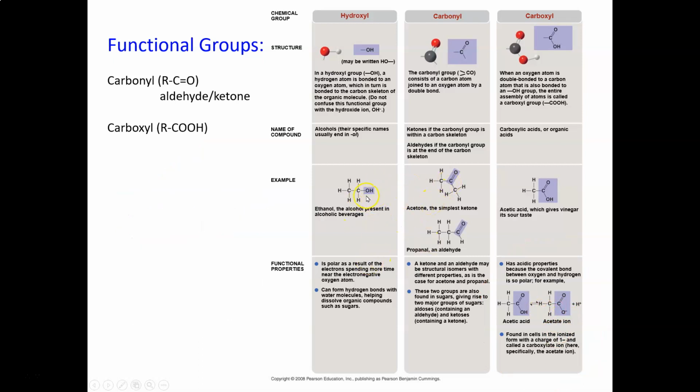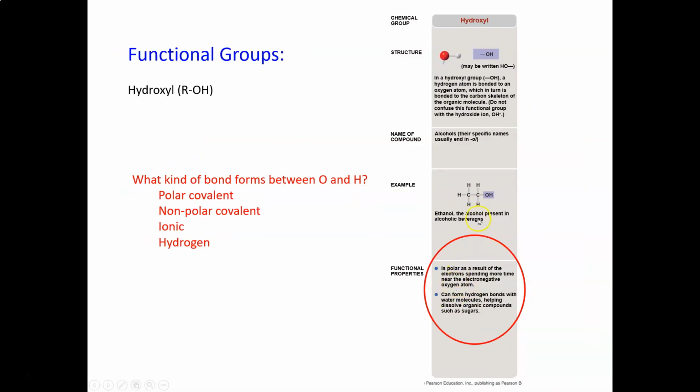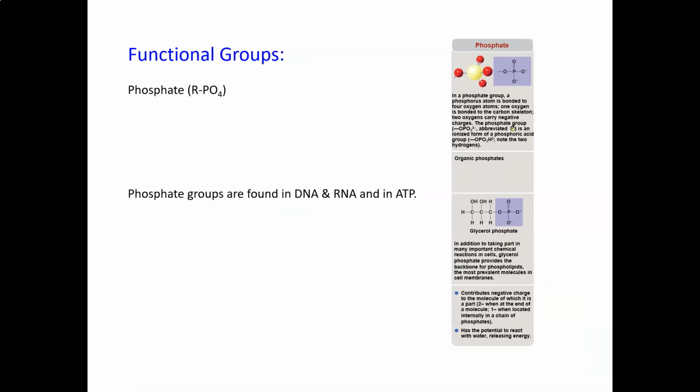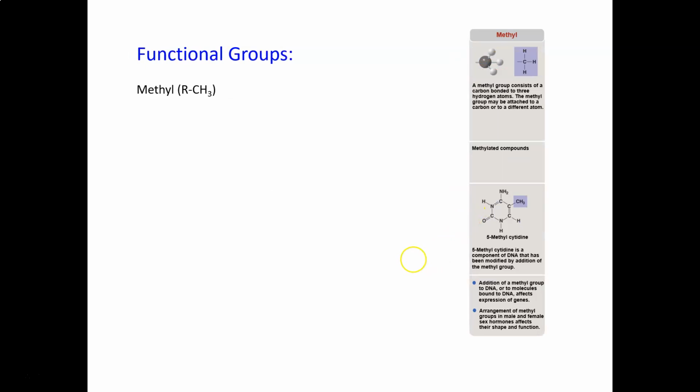The hydroxyl group can lose the hydrogen, and that makes these polar as well because of the electronegative oxygen here. So that's polar. So every one of these functional groups we've talked about so far are polar molecules.